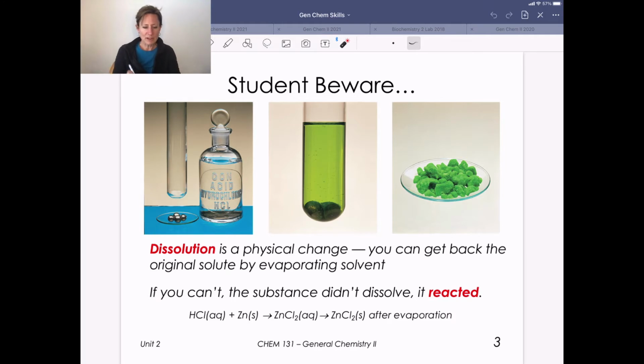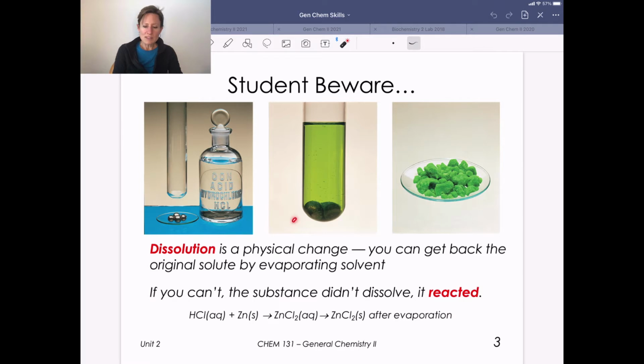Just as an example here, we've got hydrochloric acid and we've got solid zinc. So here's our chemical equation for what I'm going to talk about here. When you mix these 2 together, we actually have redox chemistry happen. We learned about that last semester. And what happens is you start generating zinc ions in solution, zinc 2+, and then chloride ions in solution, Cl-.